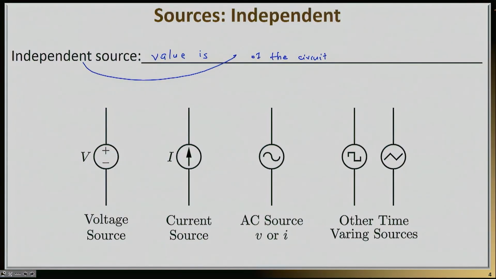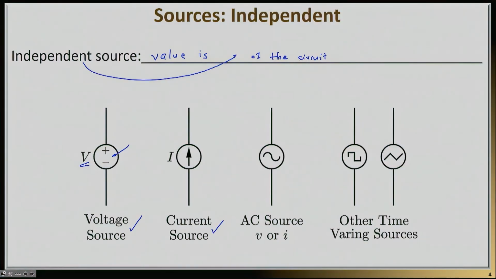Now, we have independent sources that may be voltage sources. This is an example of a voltage source here, or it can be a current source. And notice the symbols. We have actually used those symbols before. A voltage source is typically indicated by V, which is basically the value of the voltage, and the polarity.